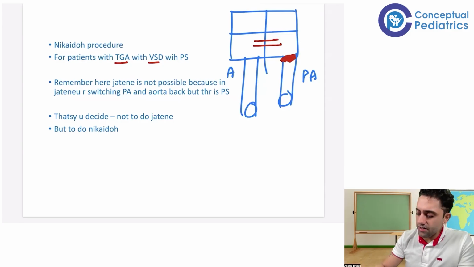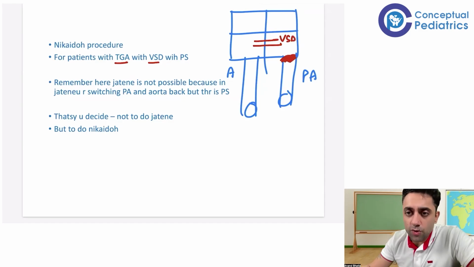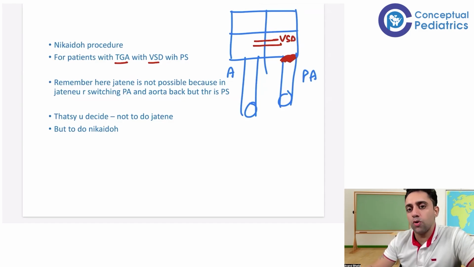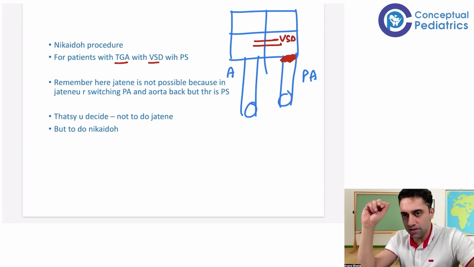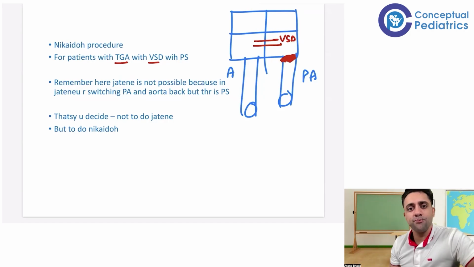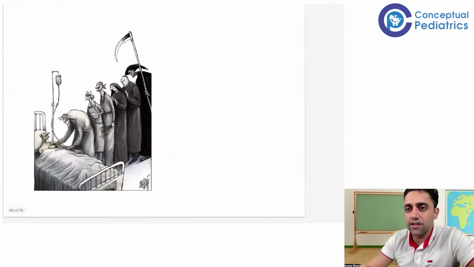So for TGA with VSD with pulmonary stenosis, we do an operation known as the Nikaido procedure. Remember it as a one-liner: TGA with VSD with pulmonary stenosis. If pulmonary stenosis were not there, it would be good, but now it is there, so we do the Nikaido procedure. That finishes this class for today.